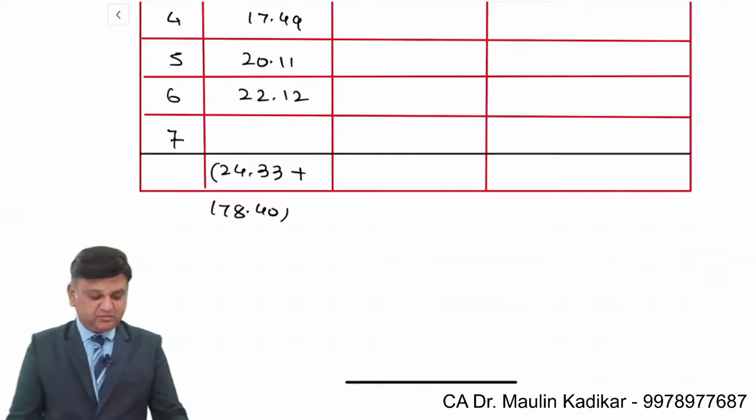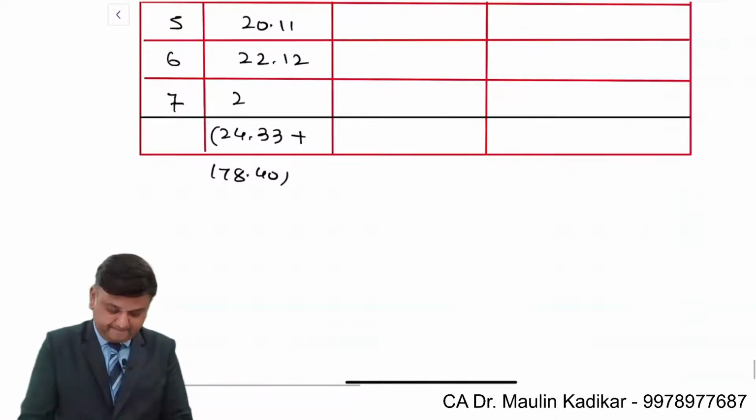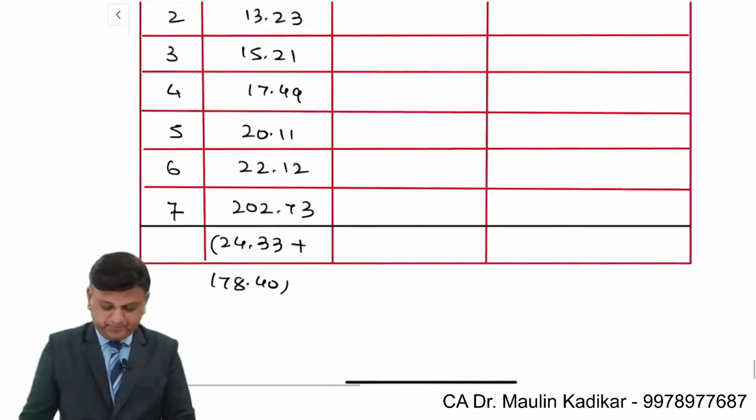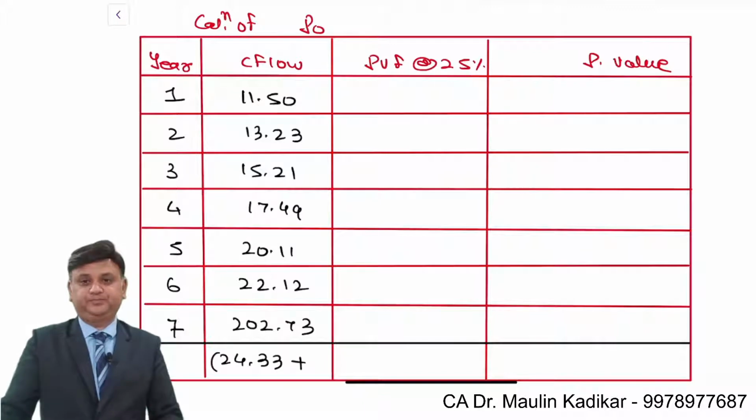So the seventh year cash flow will be found like this: 24.33 plus 178.4, so 202.73. Now it will be discounted in present value terms to find P0.